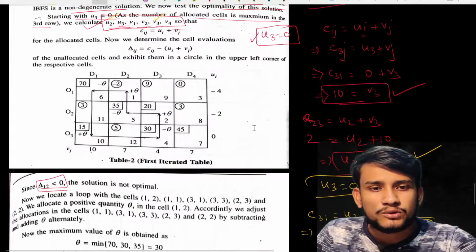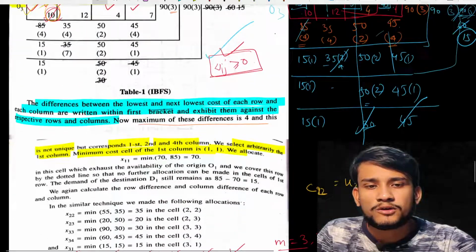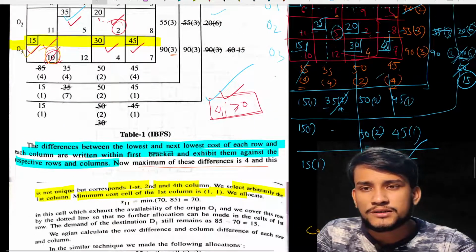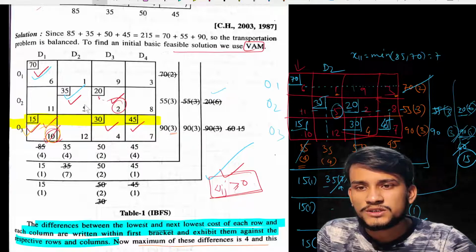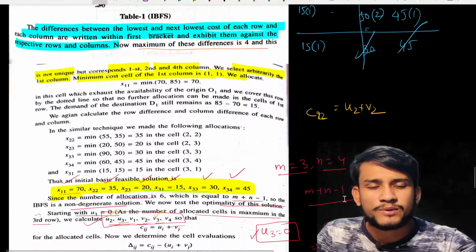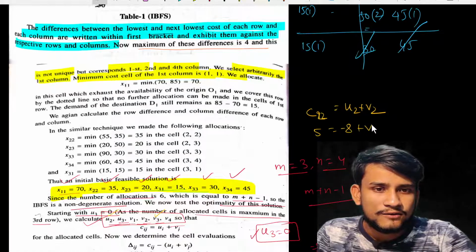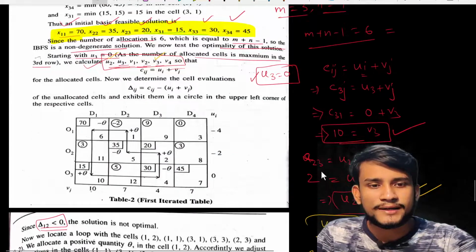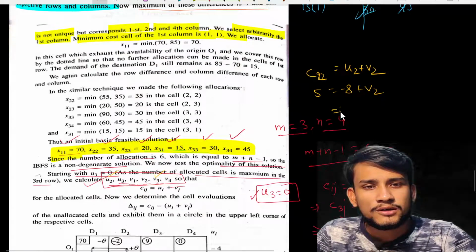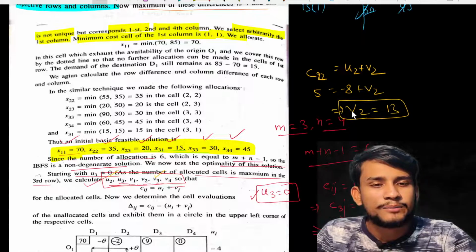Here u2 is minus 8, and c22 is 5. So 5 equals minus 8 plus v2. Since the value of u2 is minus 8, v2 is equal to 13. So we get v2.